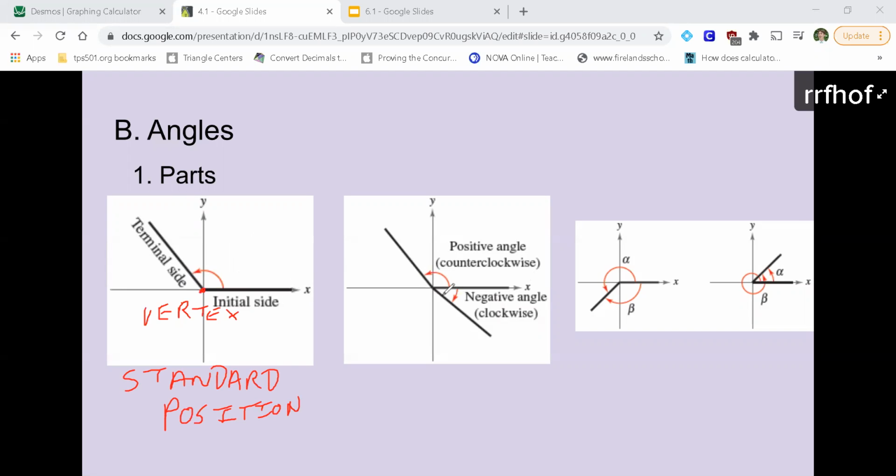When your angle is in standard position, we differentiate between 2 types of measurements. If your angle is produced by a positive rotation in the counterclockwise direction, like this example right here, we're going to label it with a positive number, and this would be about 135 degrees.